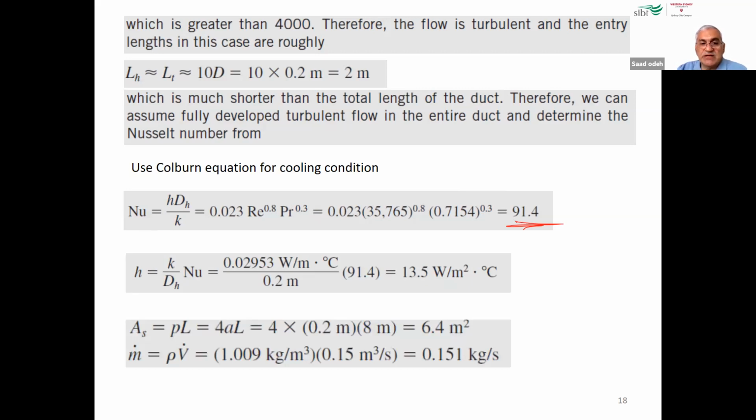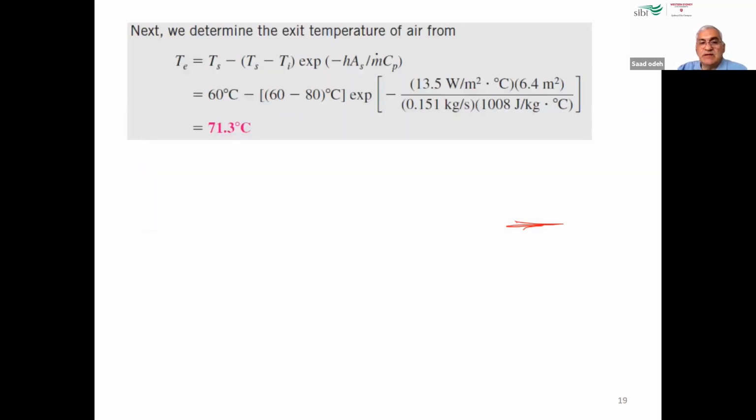Okay, and then once we find the h value, we can substitute this h in the equation presented before for constant surface temperature to find Te. So Te is 71.3 Celsius at the exit. So the temperature of the air at the exit drops.